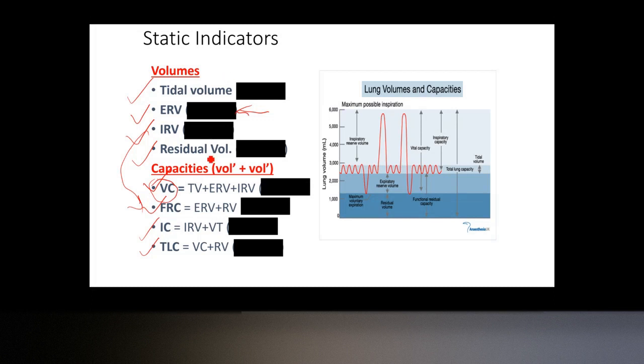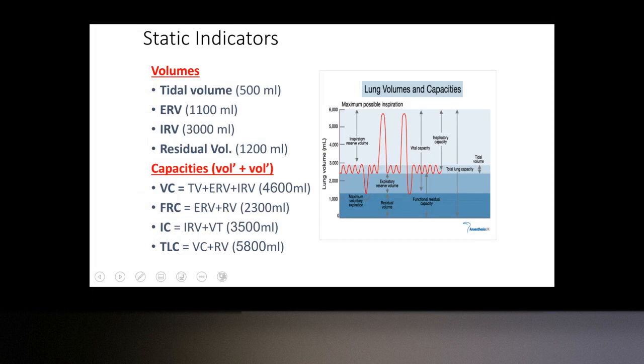We just add the values we just mentioned. Around 5,000 ml. Yeah, exactly. And what about the total lung capacity? If vital capacity is around 5 liters, how much can we expect the total lung capacity to be? Around 6. Yep, 6, 7, no problem.